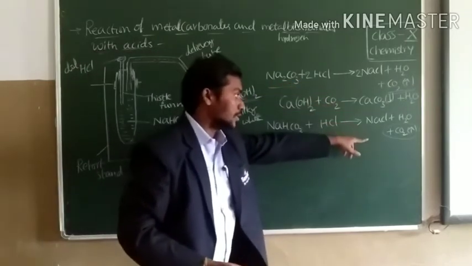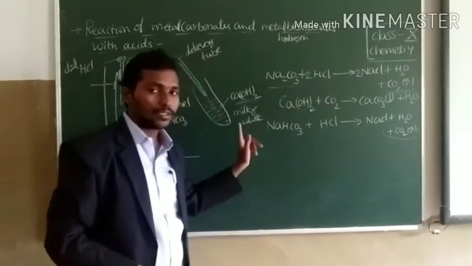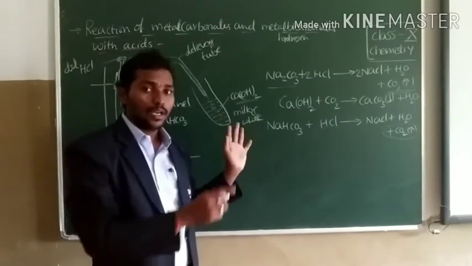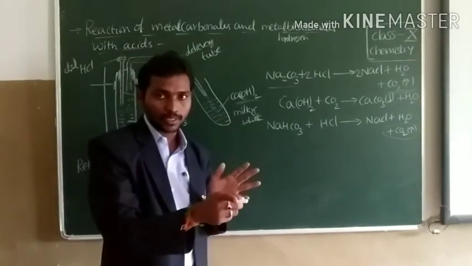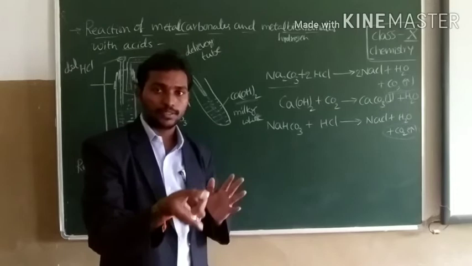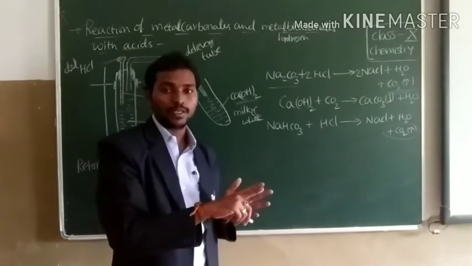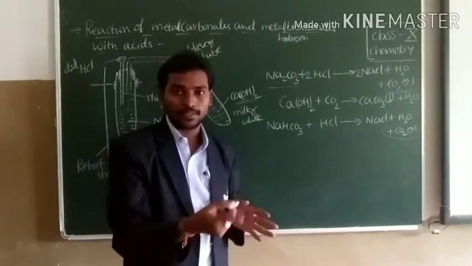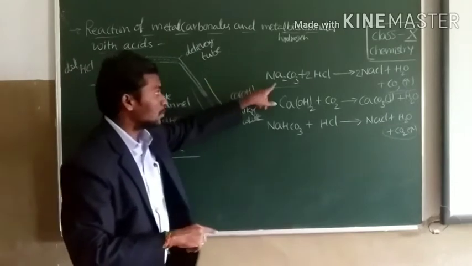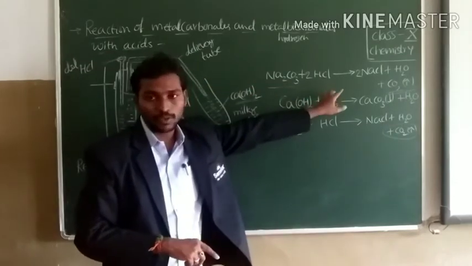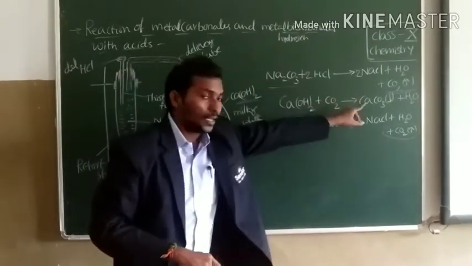Remember children, in the last activity we discussed that acids react with metals and evolve hydrogen gas, and bases react with metals and evolve hydrogen gas. Here metal carbonates react with acids and evolve carbon dioxide gas.